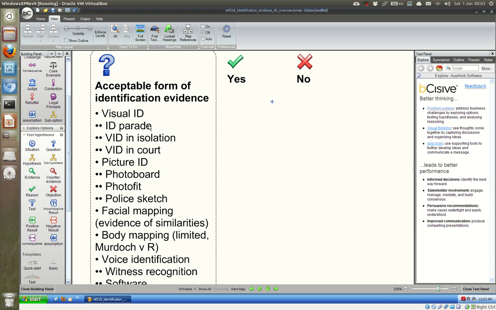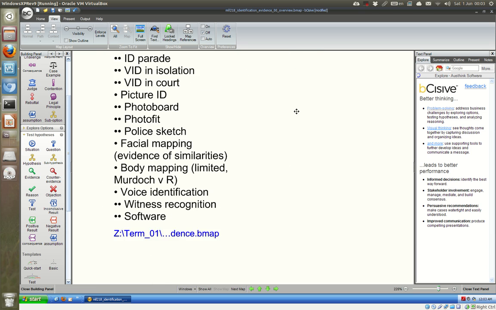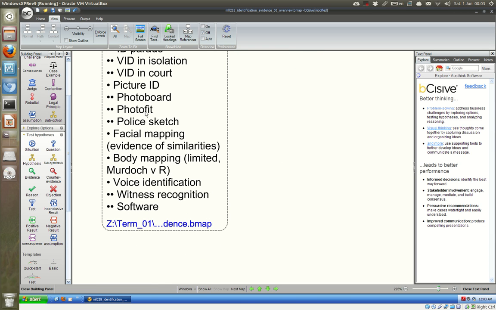So under visual identification, the main method is an identification parade, but there are also options if an identification parade is not possible: visual identification of the accused in isolation or in court, which is the weakest of the three. With picture identification, we have photo boards, photo fit, or a police sketch.